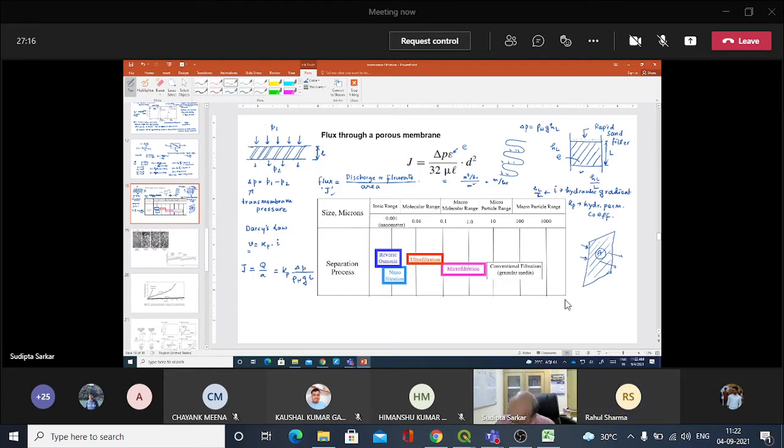Okay, so now you can see that delta P for... so Kp is the property of the membrane or coefficient of hydraulic permeability, and rho W and G are specific.